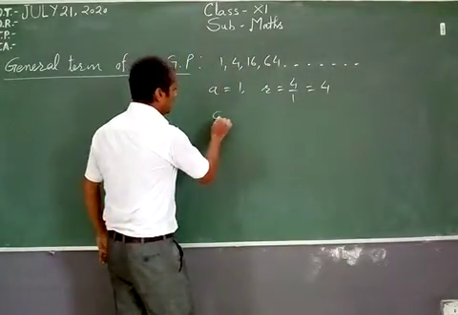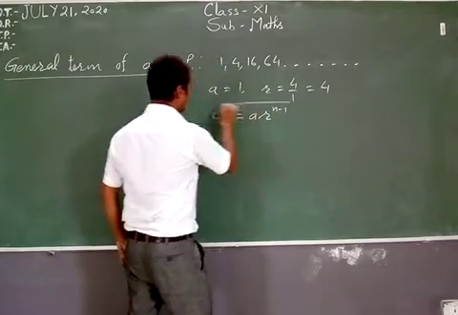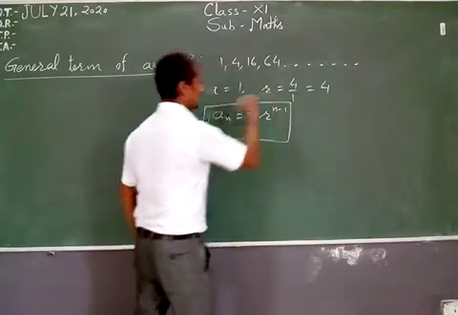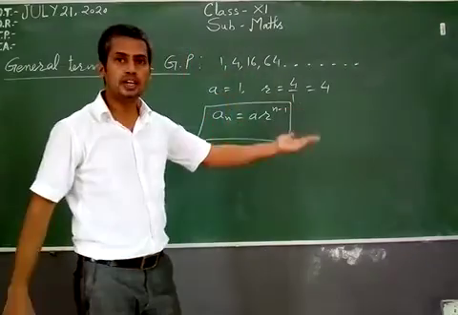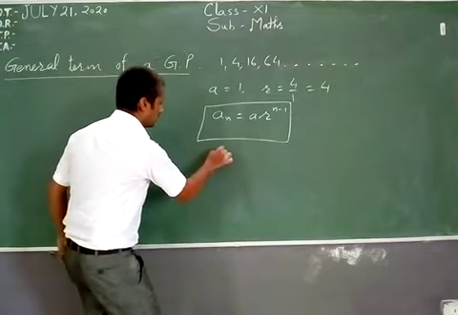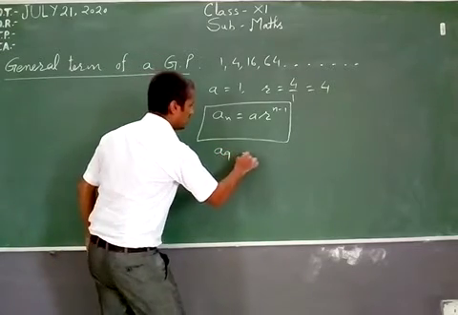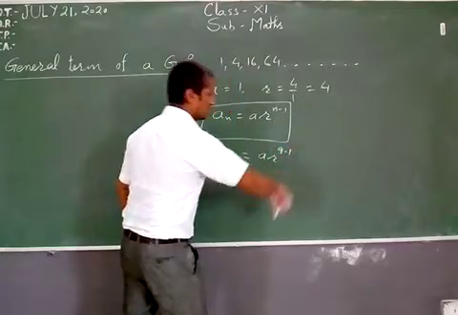We know that the nth term of a GP is A into R power n minus 1. This is the formula to find the nth term. We have to find the ninth term, so we put n equal to 9. A9 equals A into R power 9 minus 1.